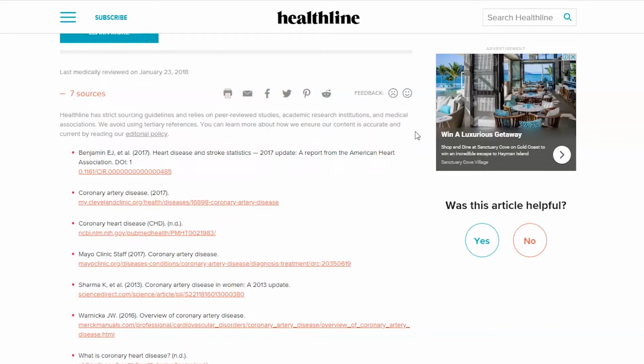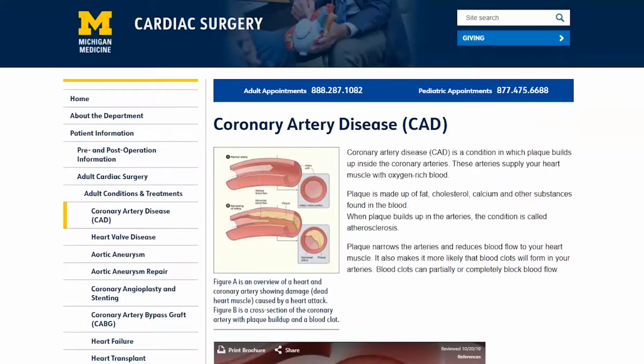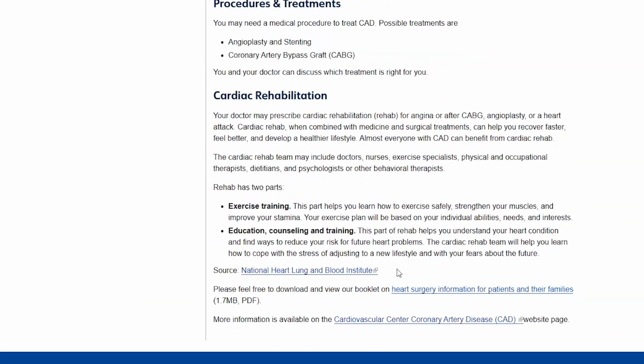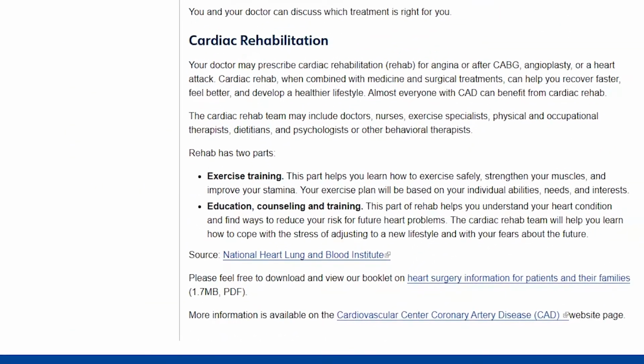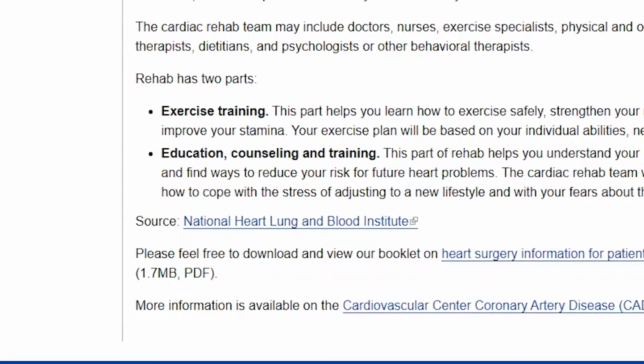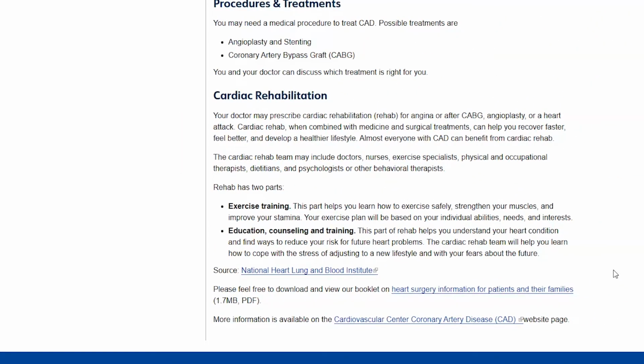Some of those are by government or medical institutions, others are consumer-focused sites similar to Healthline. The Michigan Medicine page only lists one source, the National Heart, Lung and Blood Institute.